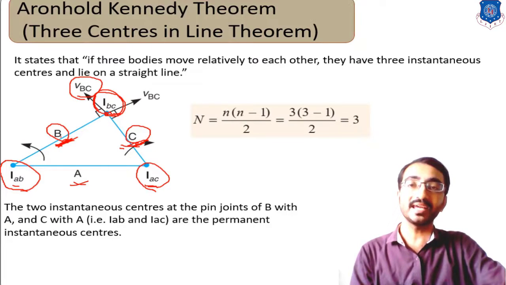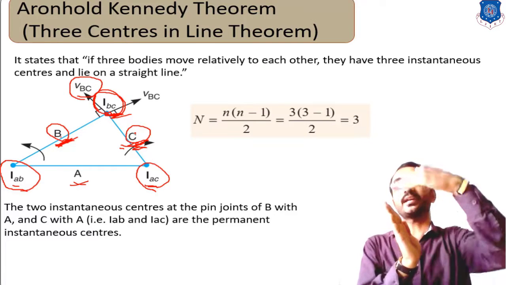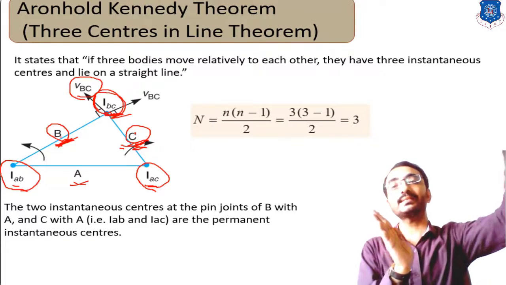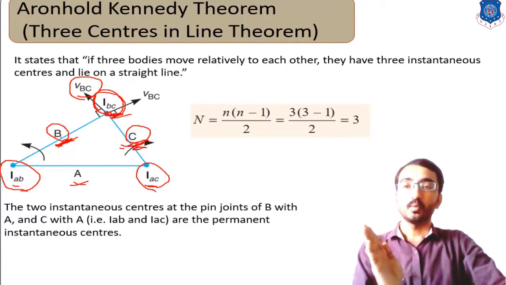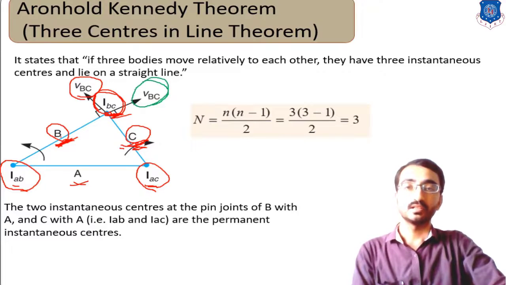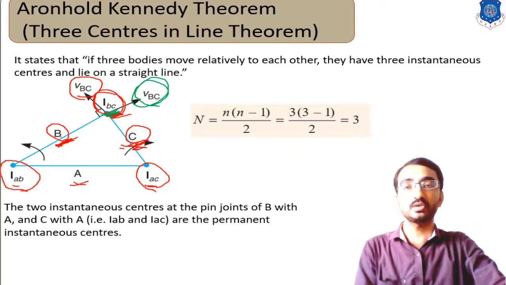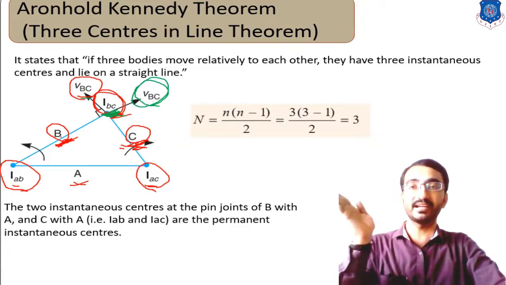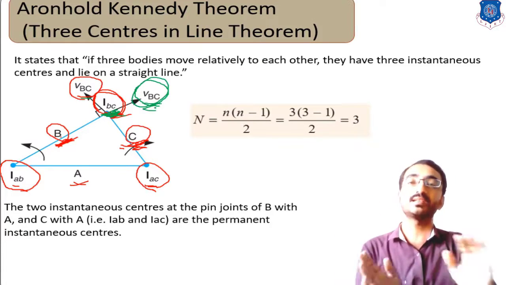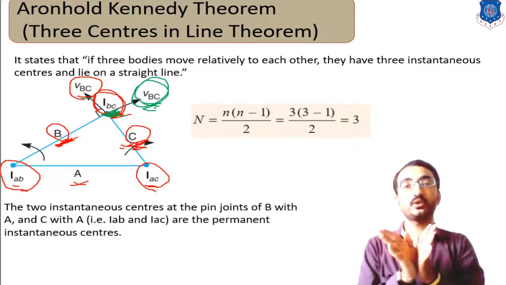If we consider the IBC point on link C, link C is in this position, so its velocity will be perpendicular to line C. So the velocity of BC with respect to point C will be in this direction. In this way, the IBC point will have a velocity in two different directions, VBC on the left-hand side or VBC on the right-hand side. We observe that one point has velocity in two different directions.